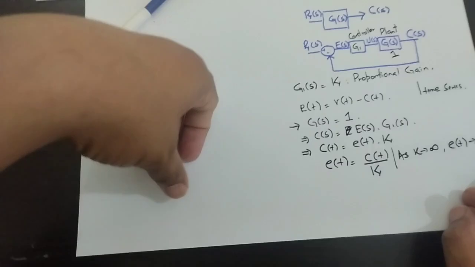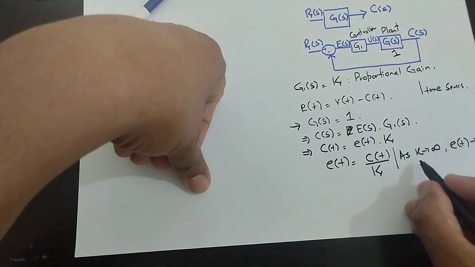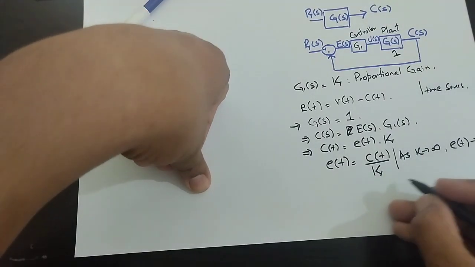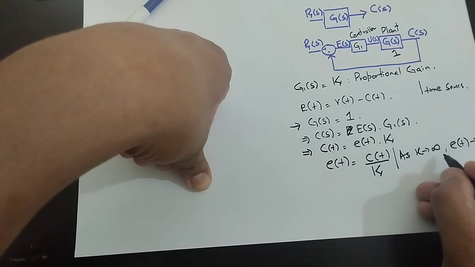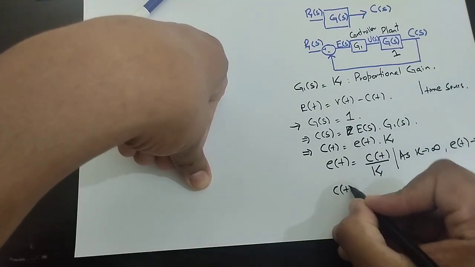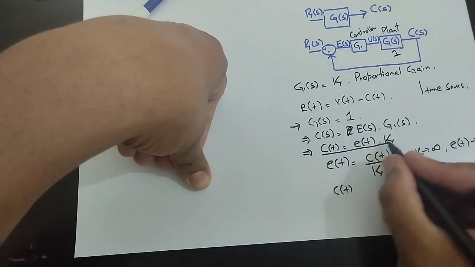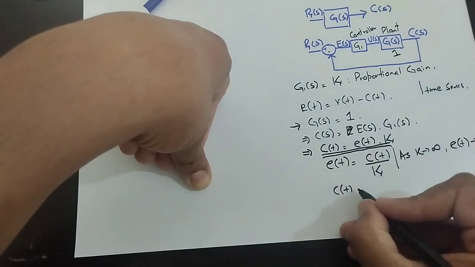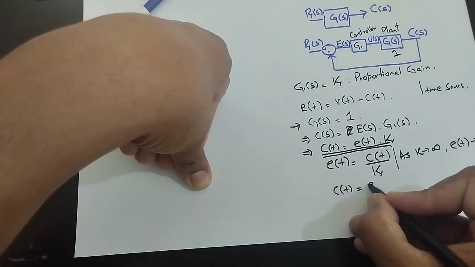But there is an important parameter in this definition, that we have an output C of t, as we can see by using this function. This is directly proportional to the magnitude of the error signal.